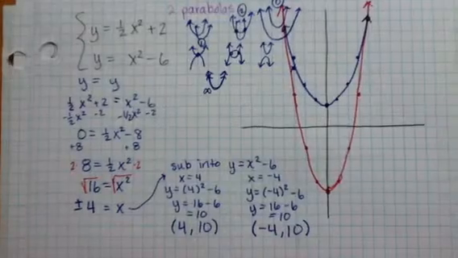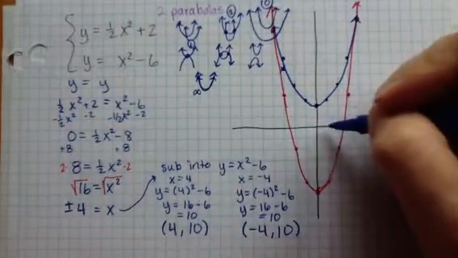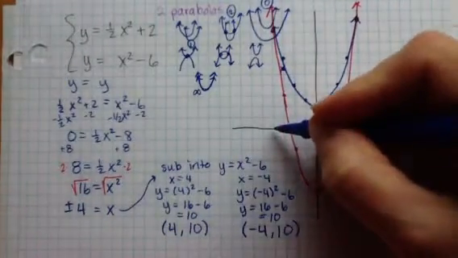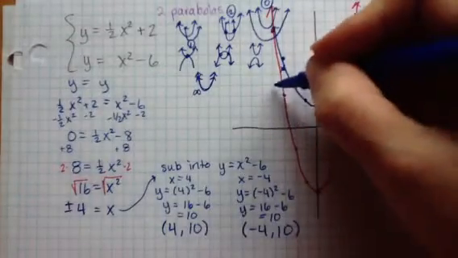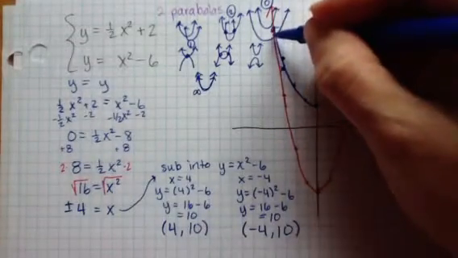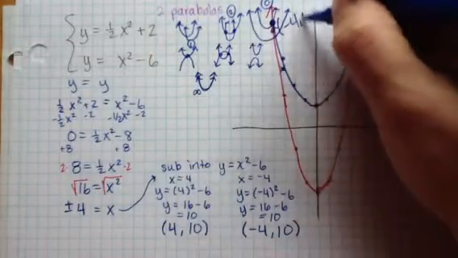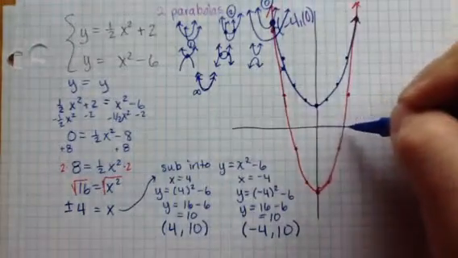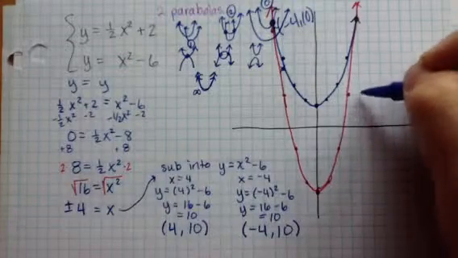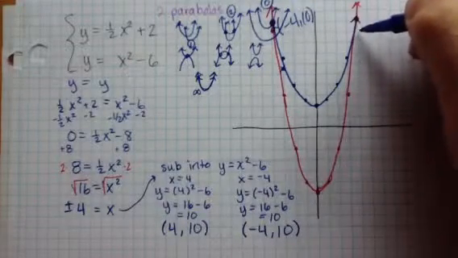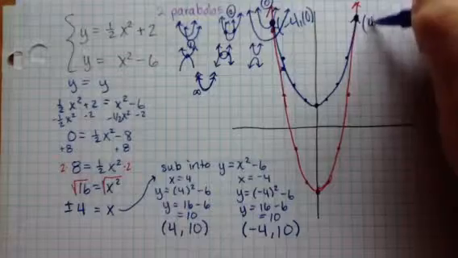So if I look at my graph, let's see if that makes sense. Negative 4, 10, and 4, 10.